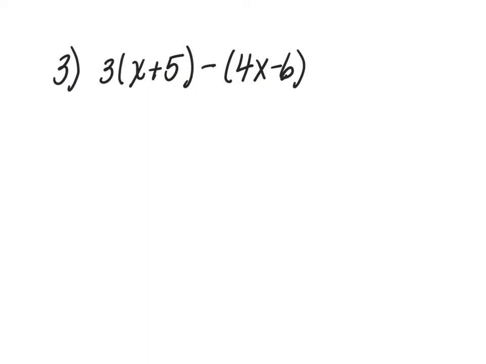Number 3, we have 3 times x plus 5 minus the quantity 4x minus 6. So once again, we need to remove the parentheses by using the distributive property. So 3 times x is 3x, and 3 times 5 is 15. Well, the next set of parentheses we have to distribute as well, but you may be asking, what are we distributing?